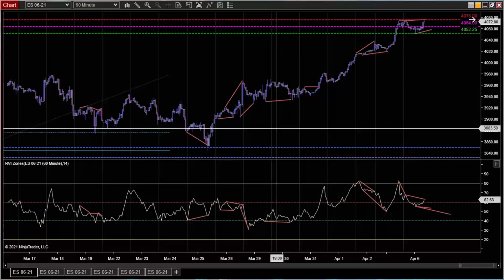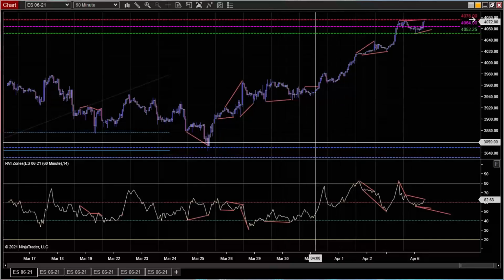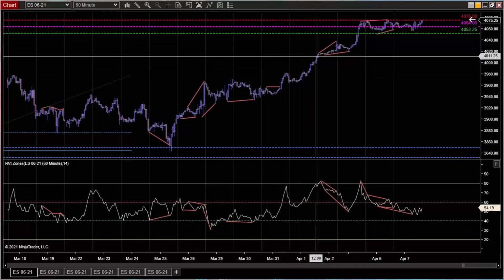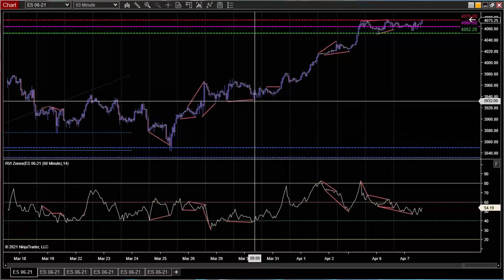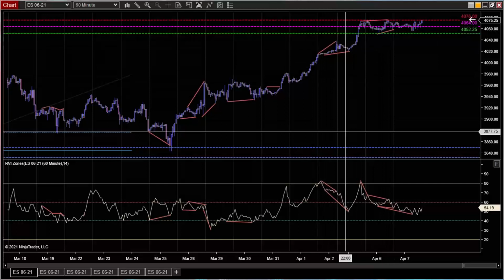Now, a lot of times these entries take on just a few ticks of risk, and then they can push for, what ends up happening, at least in this market right now, 200, 300 point pushes. And I'm not joking. Sometimes you get an entry with less than a point of risk, and it goes for 20, 30, 40, 50 points or more.